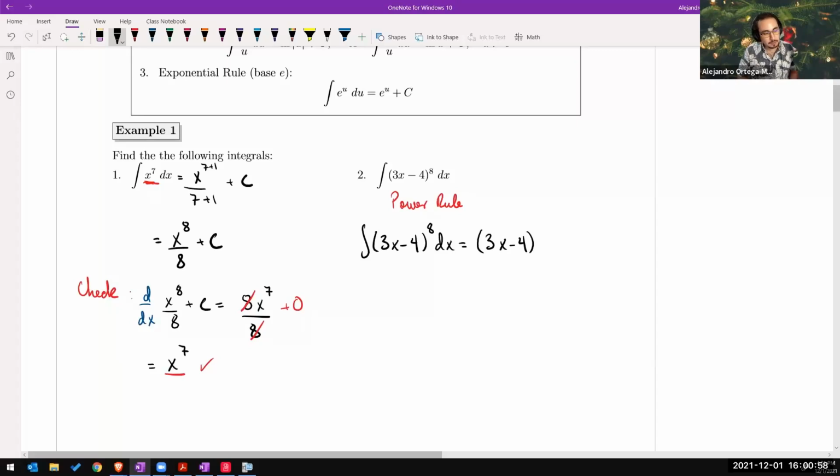We add 1 to the power, so it's going to be a 9. Divide by that. And we add a c.